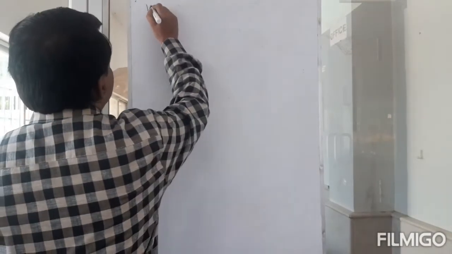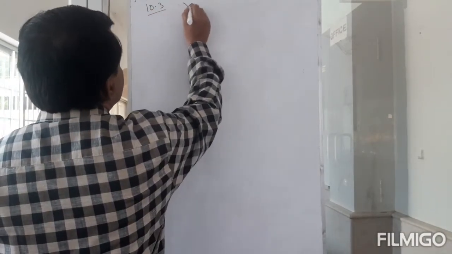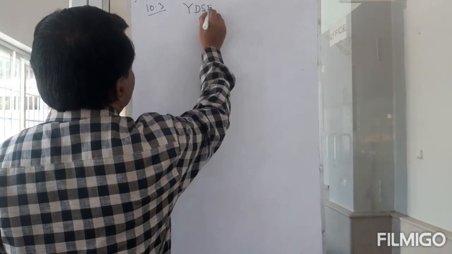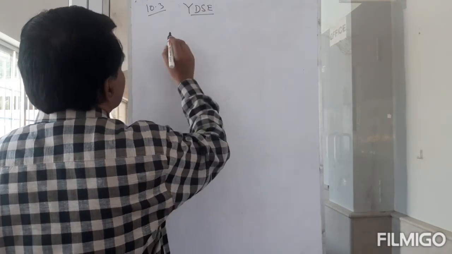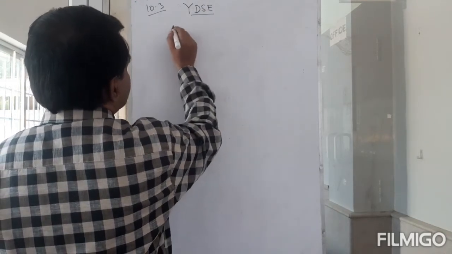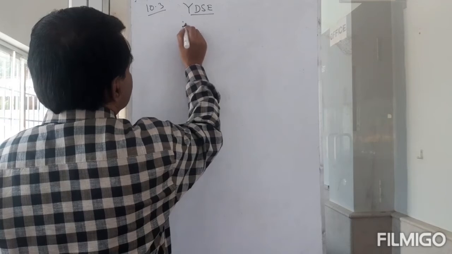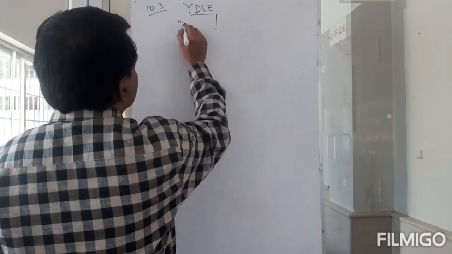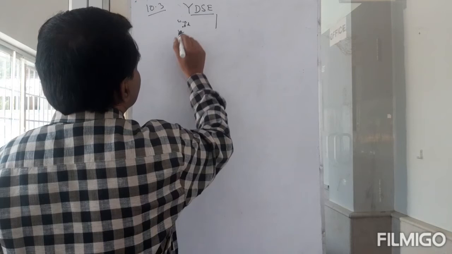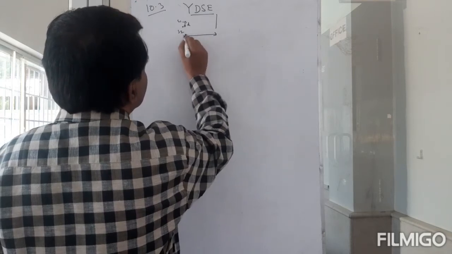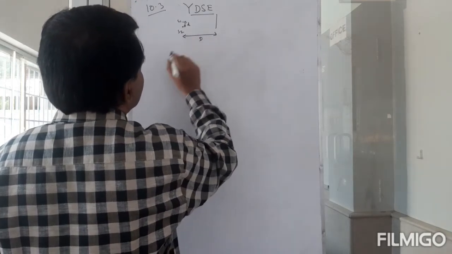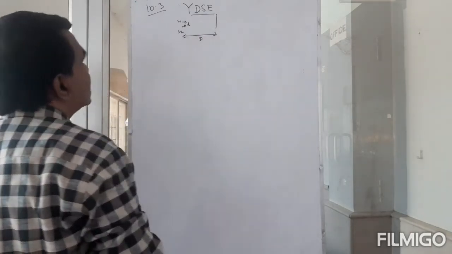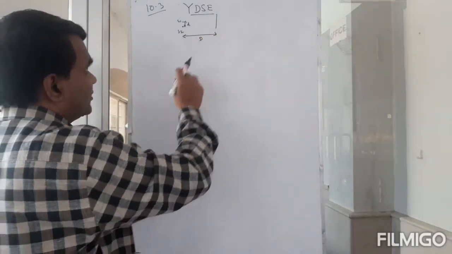This is a Young's double slit experiment problem. So here the separation between the two slits, this is S1, this is S2. This separation d is given and this D is also given. Okay. And they want you to find the fringe width.